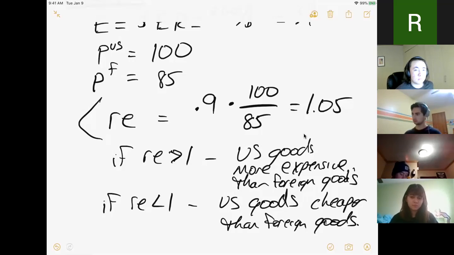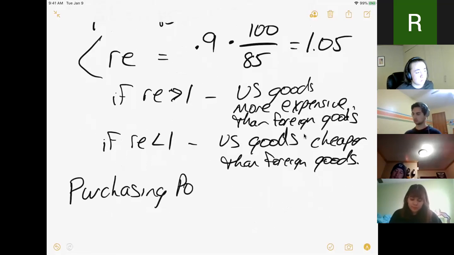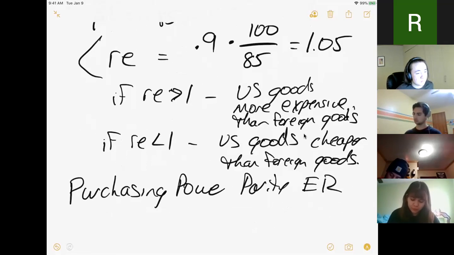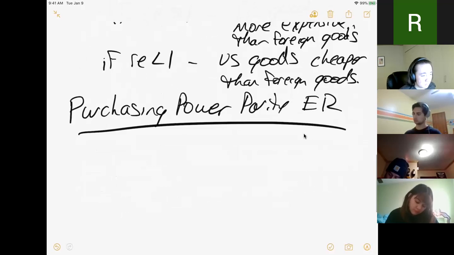Earlier in the class, we talked about the purchasing power parity exchange rate. And that's what the real exchange rate really is. We're going to talk about that more in a second. In fact, let's talk about this now.